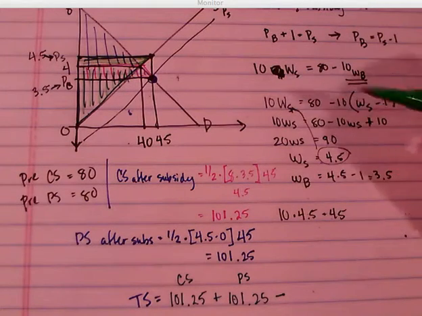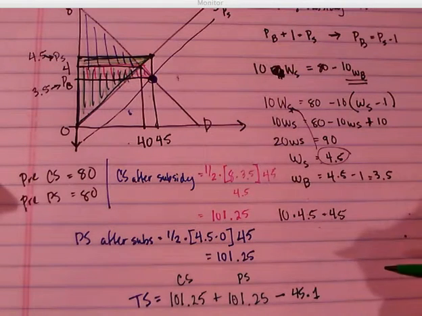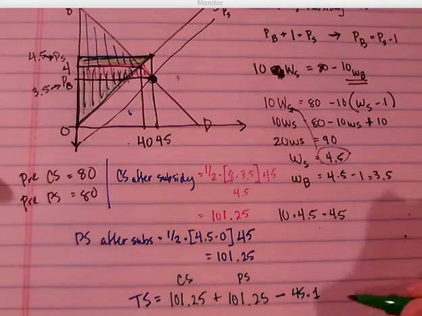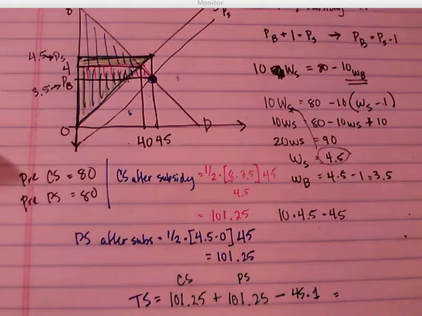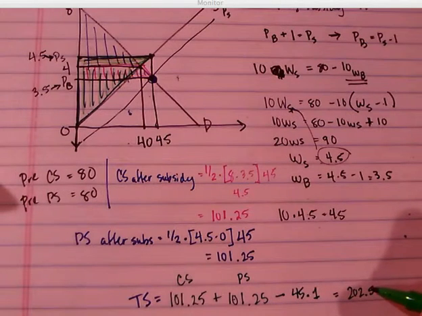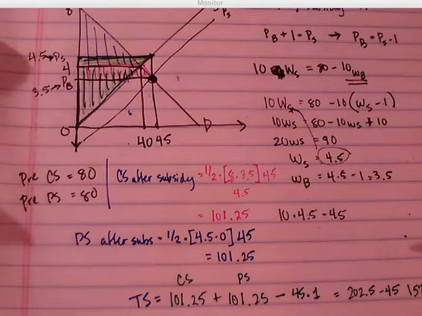And so there are 45 units of labor, and for each unit of labor there's a $1 subsidy, and that's a decrease from total surplus. And so that gives us a total surplus of 202.5 minus 45, right, or 157.5. All right, so that's our new total surplus.